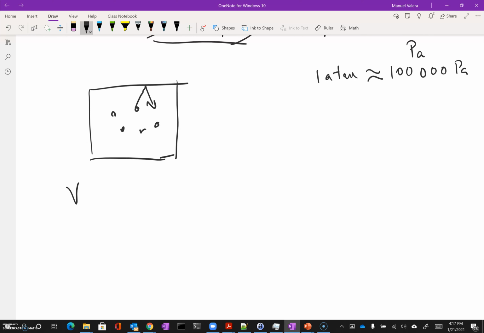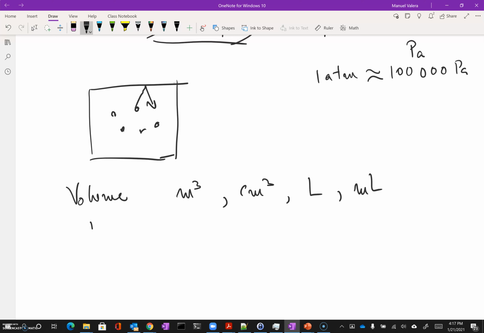So volume, well, we know what that is. So what are the units of volumes? Typically, you get meter cube, you get centimeter cube, and then you get liters and milliliters, right?